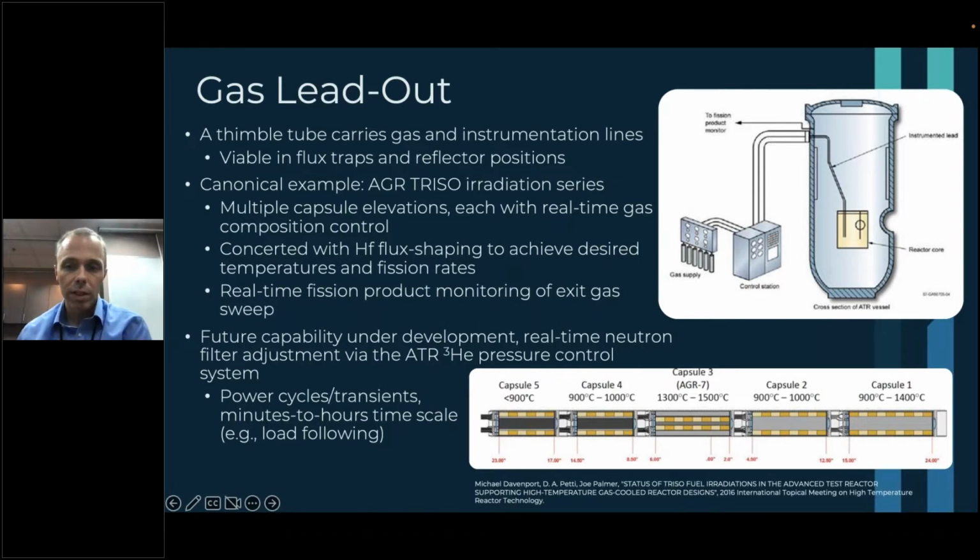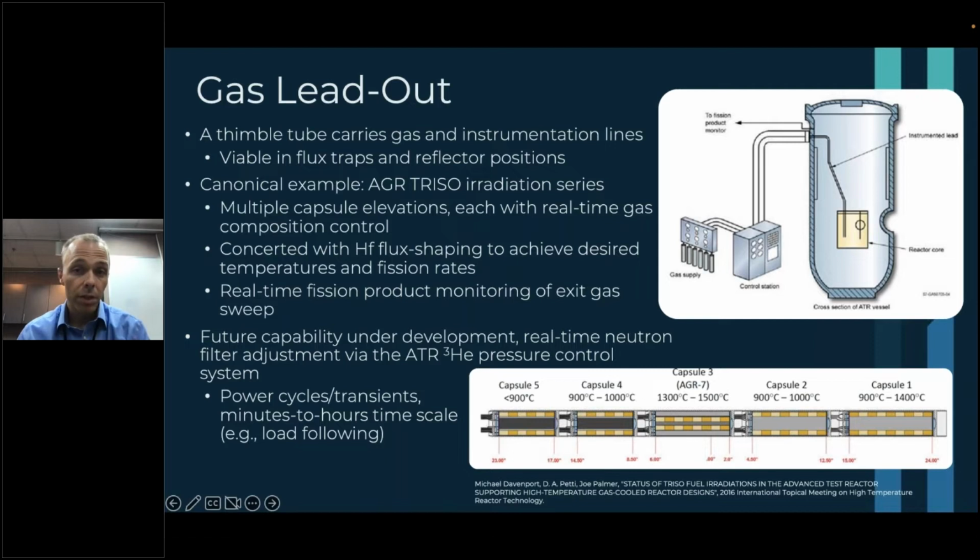So using like a mixture of helium and then a lower thermal conductivity noble gas to allow you to adjust the thermal resistance between specimens and the cold wall that's being cooled by the reactor coolant system. So it's really cool. You can measure temperature and adjust it in real time by this method. Also, with the gas system, one can monitor for radioisotopes in the exiting gas sweep and things like that.